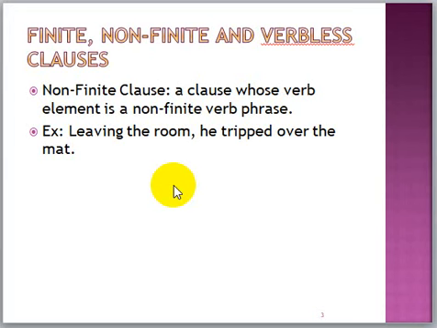So many illustrative examples. Okay, this is how finite and non-finite clauses work, and when the non-finite clause can come. Sometimes there is no agreement between the subject, if there is one, and the verb.